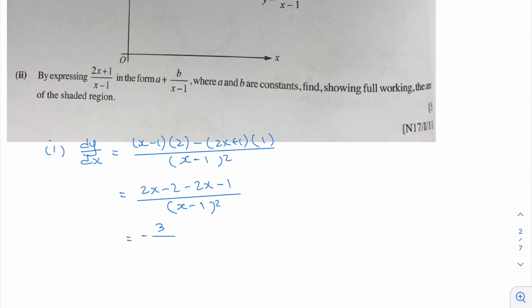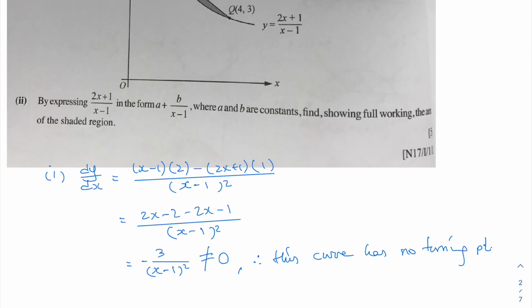So it's negative 3 over (x minus 1) squared. So this obviously can never be 0 because the denominator is (x minus 1) squared and the numerator is 3. There is no value of x that can give dy/dx equal to 0. Therefore, this curve has no turning point.